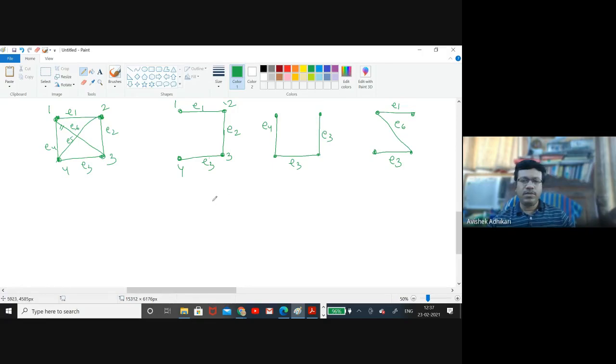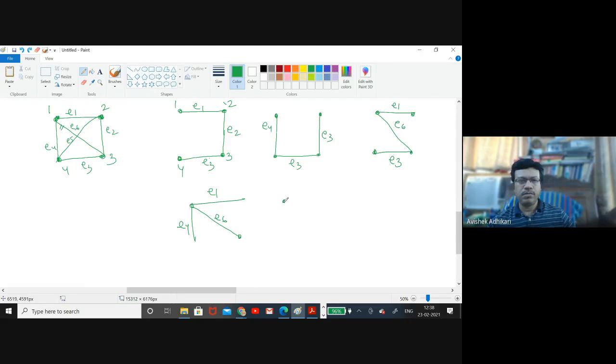Again, one may think, okay, I may go in a different way, maybe like this. So this is E1, E6, and then E4. One may go like this, or even, I think I have already exhausted this one.